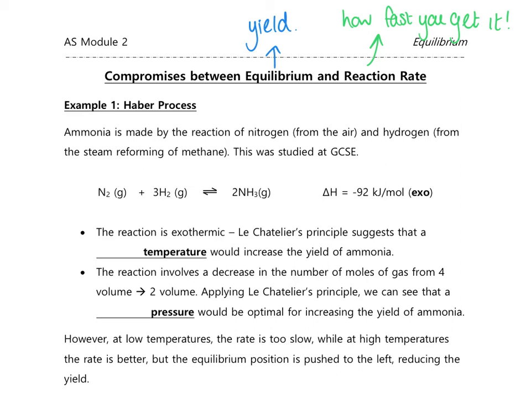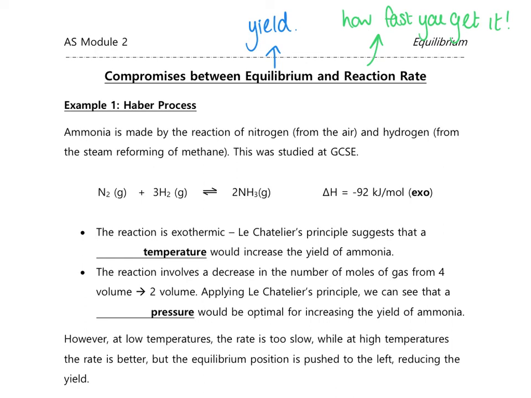Okay, so if our equilibrium is good, then we'll have a high yield. If the rate's good, we'll get that in a fast time. But if our equilibrium is low, then our value of Kc is low, then we'll get a low yield. But the rate might still be high, so we might get a low yield but at a fast rate.